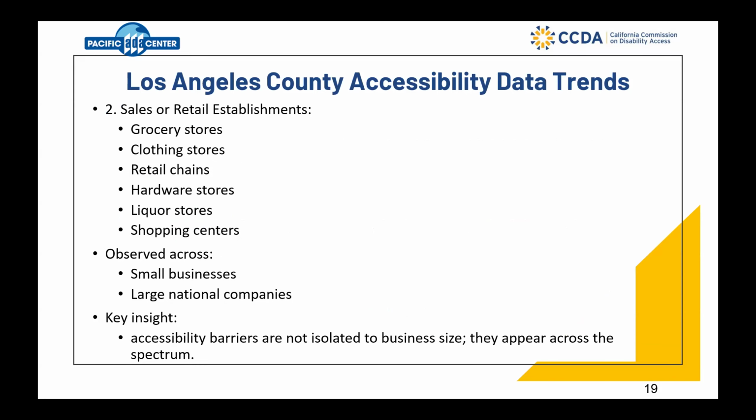And also, number two, we're seeing it in sales or retail establishments. So grocery stores, clothing stores, hardware stores, shopping centers. And we've observed these trends across both small businesses and large national companies. So it's not just the mom and pops and it's not just the large national companies. We're actually seeing it distributed across the spectrum.